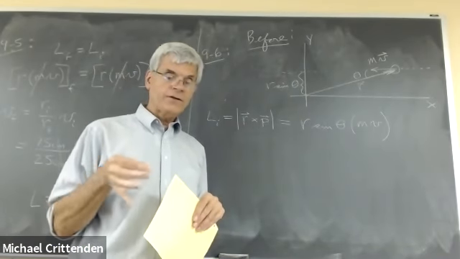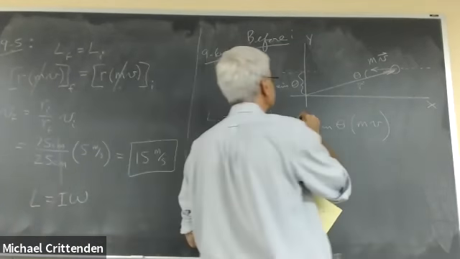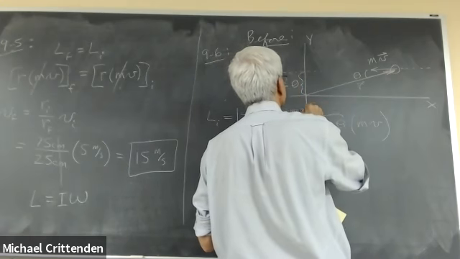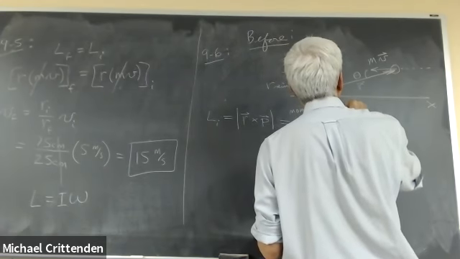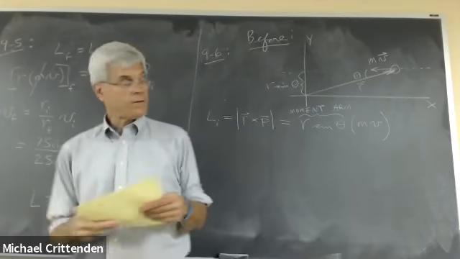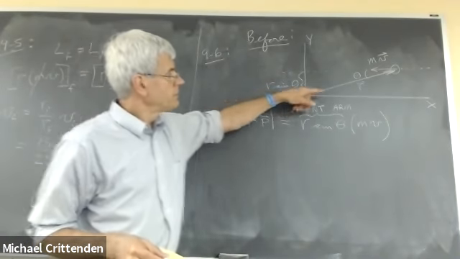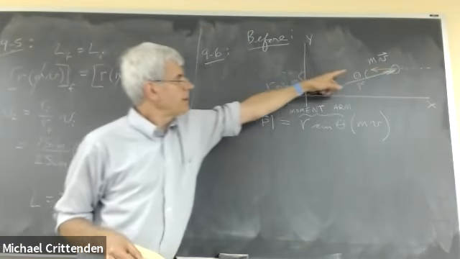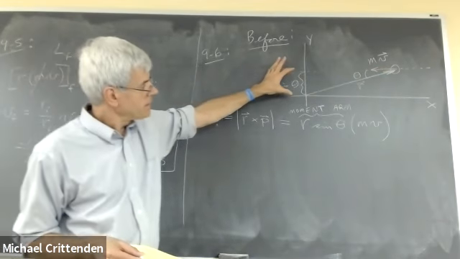Going back to when I first started talking about torque, remember the idea of a moment arm? Moment arm is the distance from the pivot point to the line of action. So that dotted line I drew is the momentum's line of action.